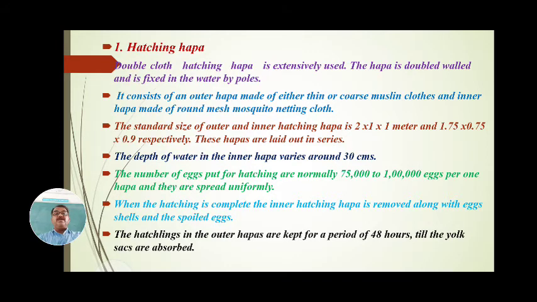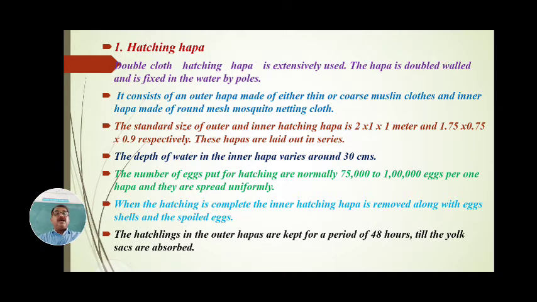A hapa is nothing but a cloth or mosquito net tied on all four sides, four corners, forming a square or rectangular structure, which is either single walled or double walled.